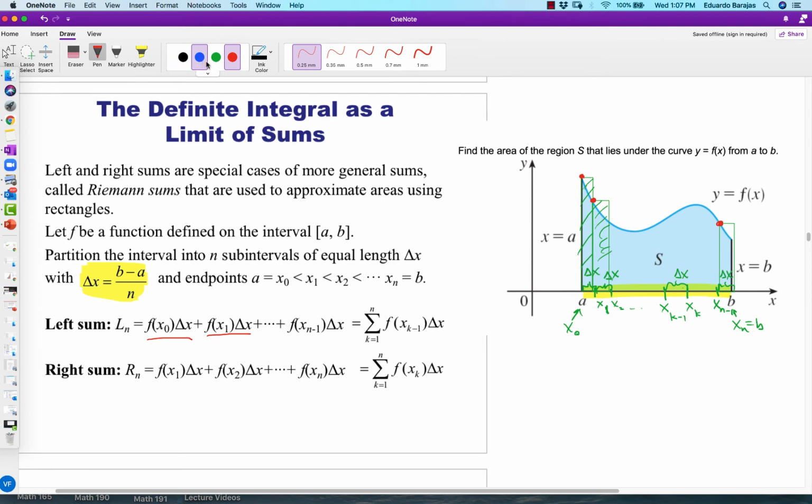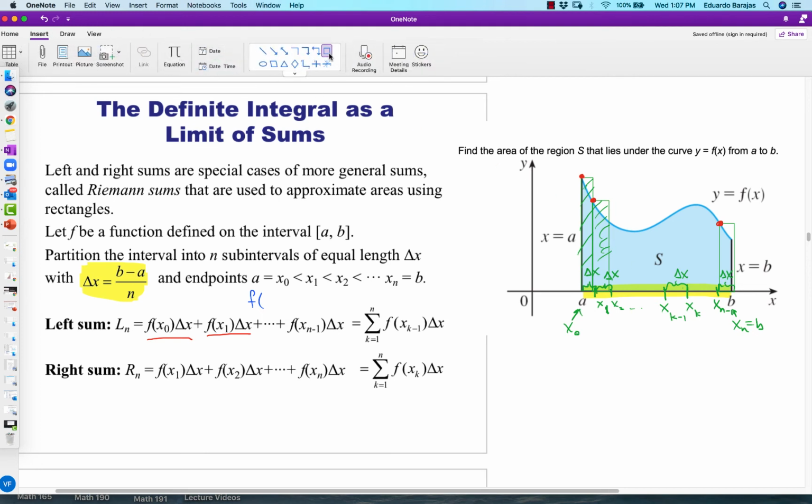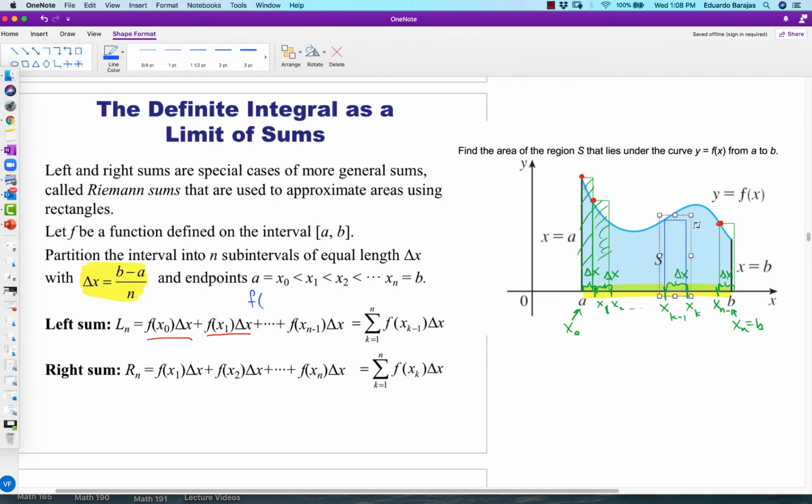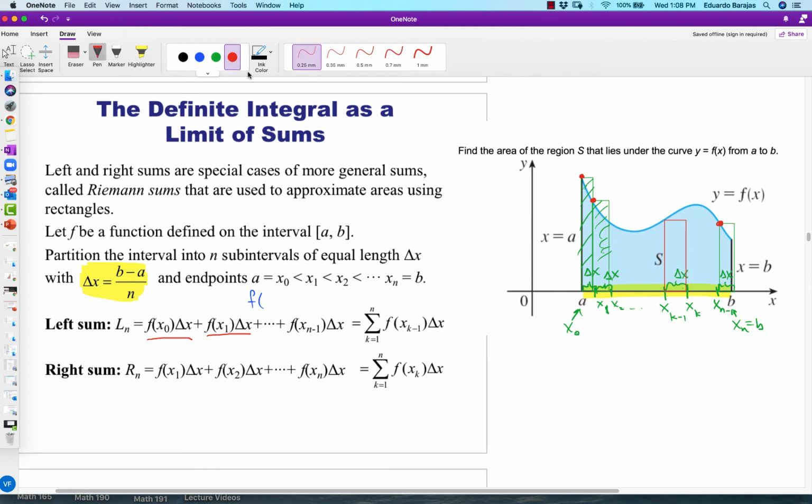Just in general, if we think about the kth one, the left end tells me the height of the rectangle. Let's insert that one in there. If there's a rectangle here going up to there, then this point right in there to the left tells me the height of that rectangle.